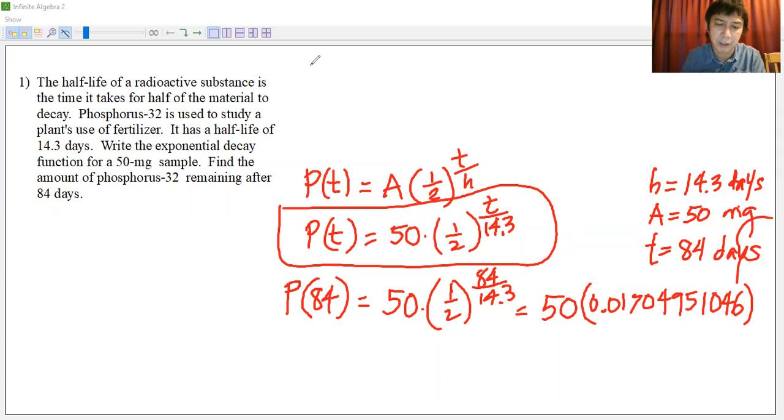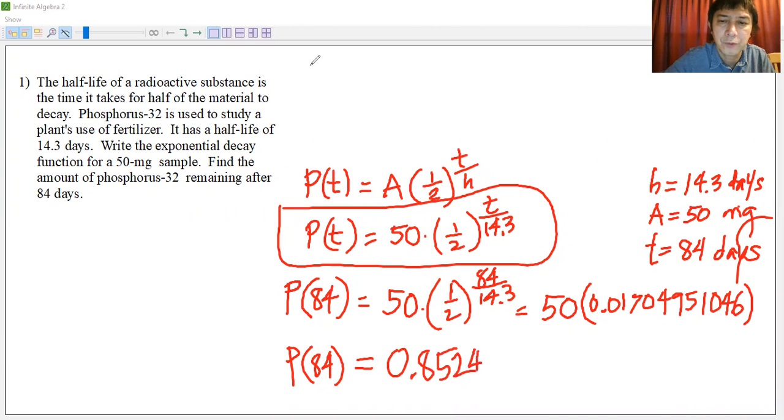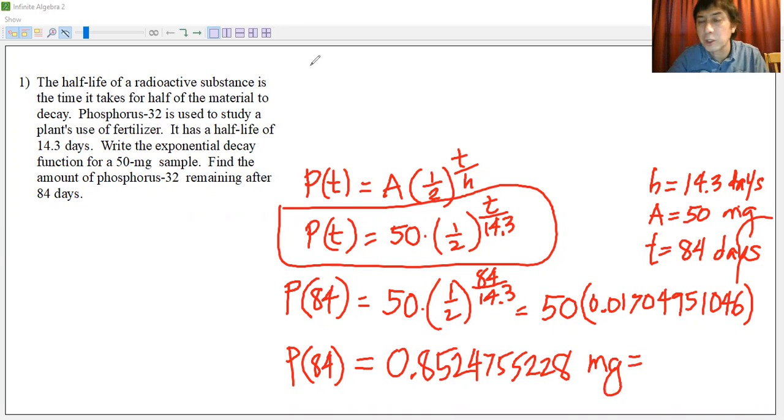Now let's multiply that by 50. We have the answer at 0.85247552228, and this will be in milligrams. And we can round this to the nearest hundredth. This is 0.85 milligrams.